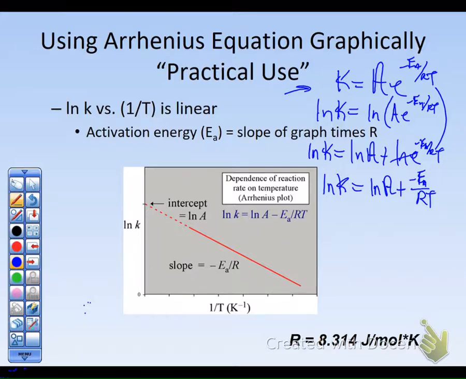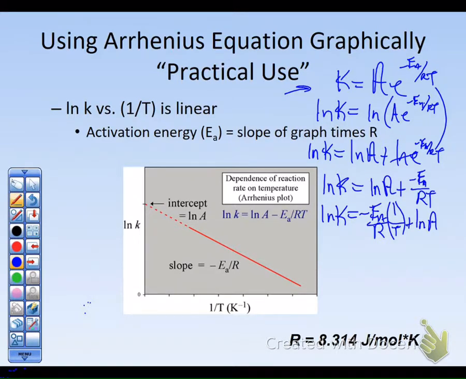All right, let's rearrange that just a little bit to get ln k equals negative Ea over R. And I'm going to pull the T out and have 1 over T. And then we're going to keep our natural log of A.